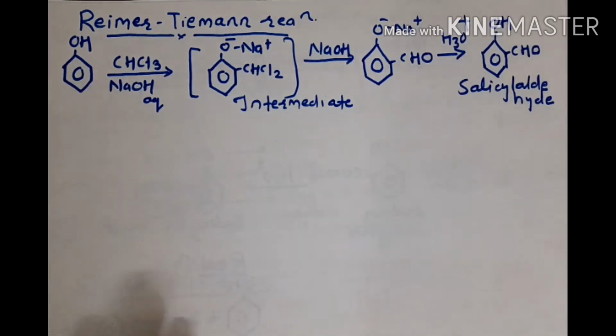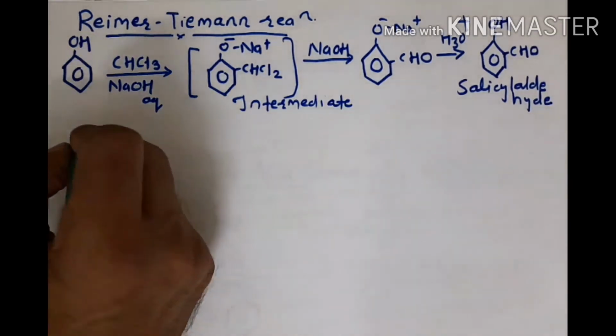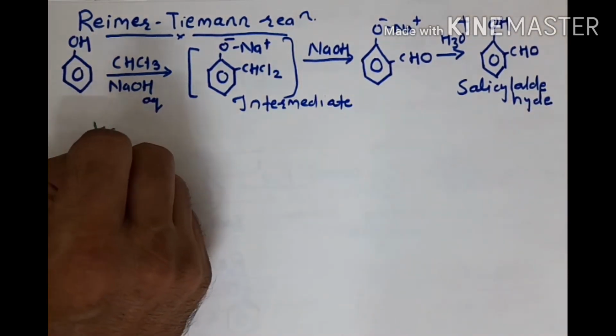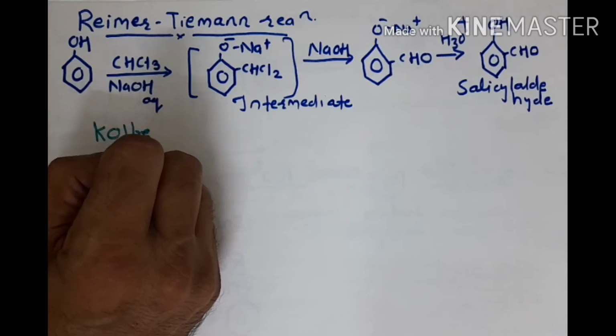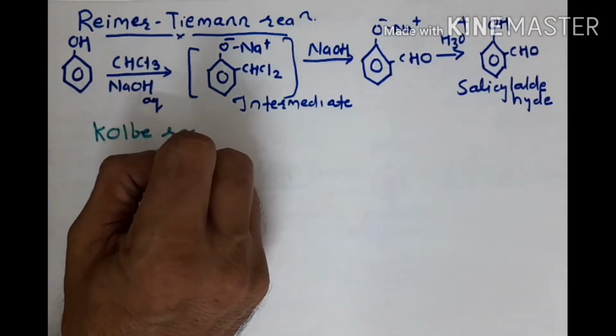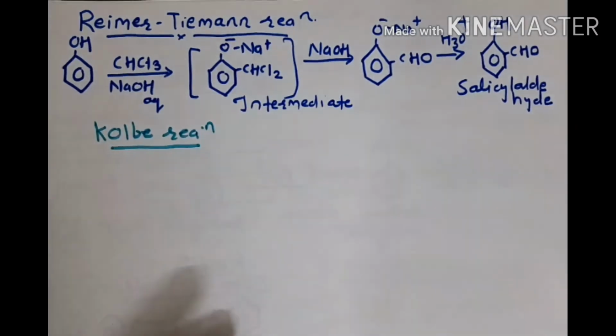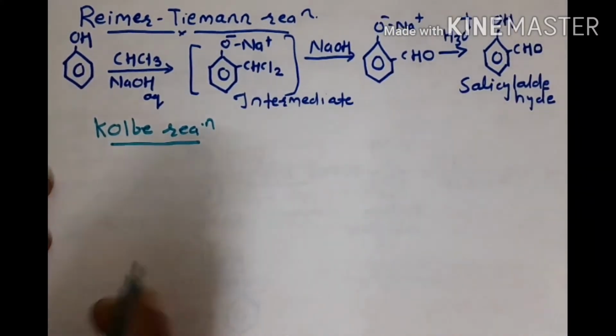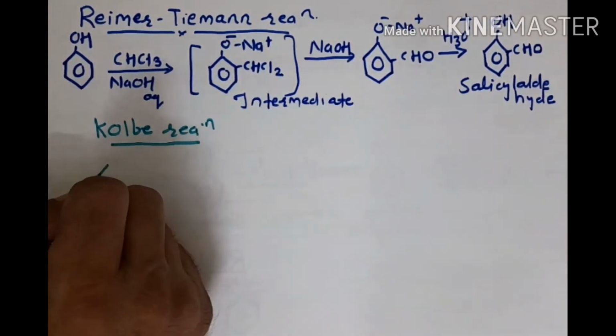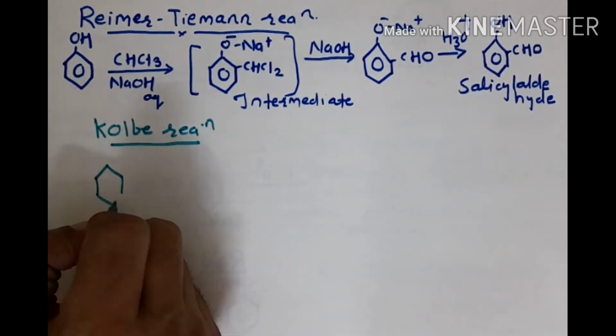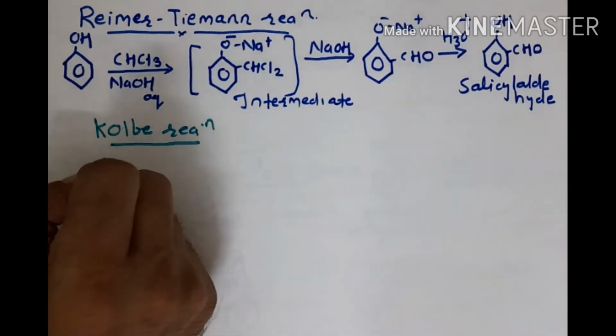After the Reimer-Tiemann reaction, the next reaction is the Kolbe reaction. Let's see what happens in the Kolbe reaction. Try to identify this structure.